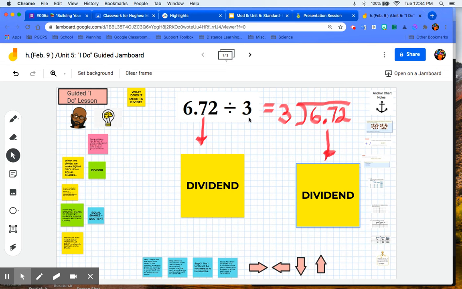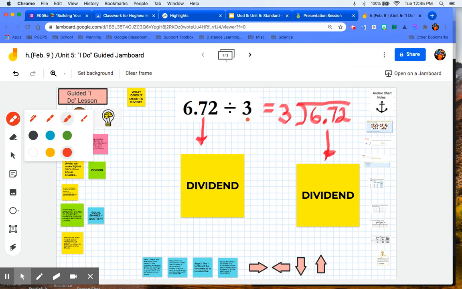But what is the number that is dividing into the dividend called? This is the number of groups that you're trying to find equal shares or equal groups for.